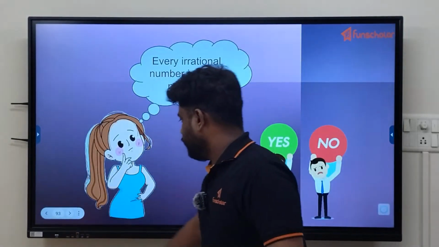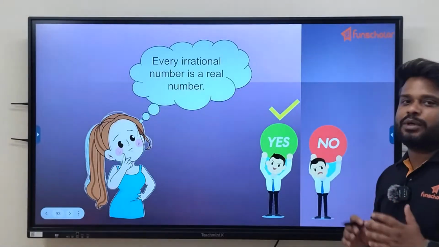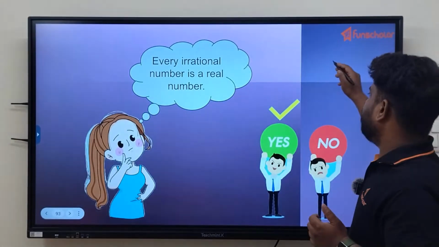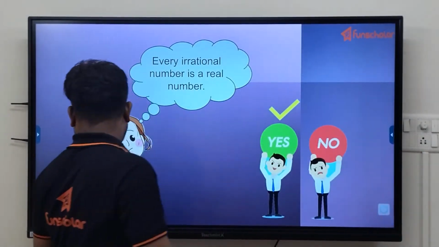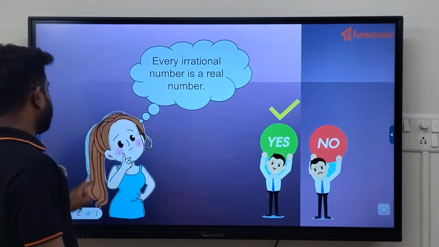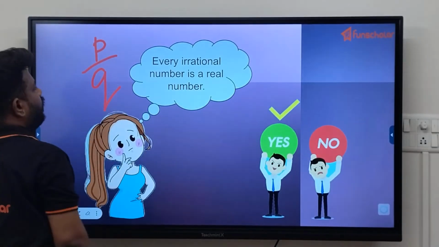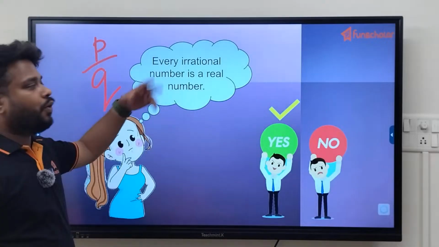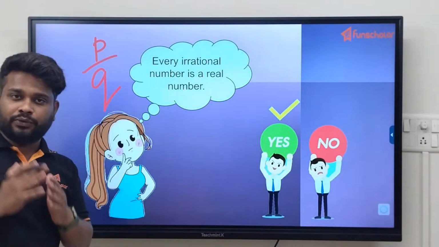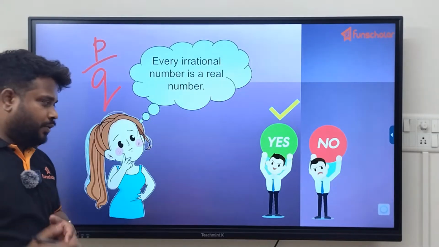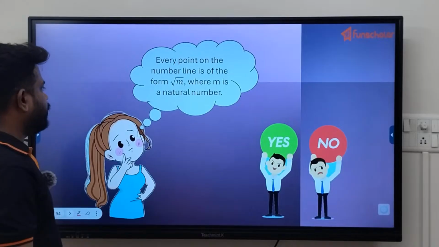The answer will be yes. Irrational numbers are those numbers which can't be expressed in the p by q form. So they are called irrational numbers, but irrational numbers can be termed as real numbers. So the reverse will be right. Let's go to the next one.